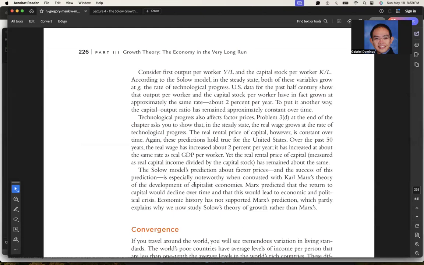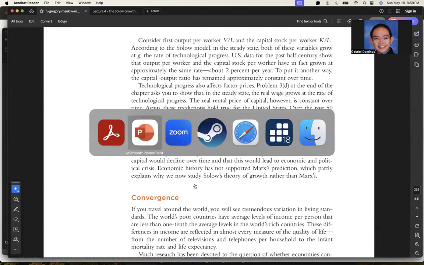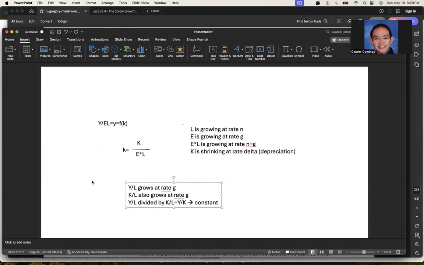Okay. So a couple of interesting implications for this. These facts here will help you understand what's happening to MPK and MPL, right? So MPL, marginal product of labor at the steady state, is also growing at rate g. Okay.